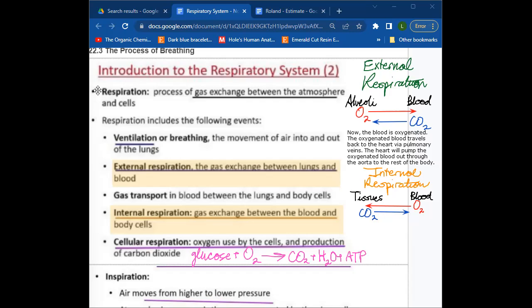So this is why our body needs oxygen: because of cellular respiration. Our bodies are not going to be able to produce energy unless we have oxygen for cellular respiration.